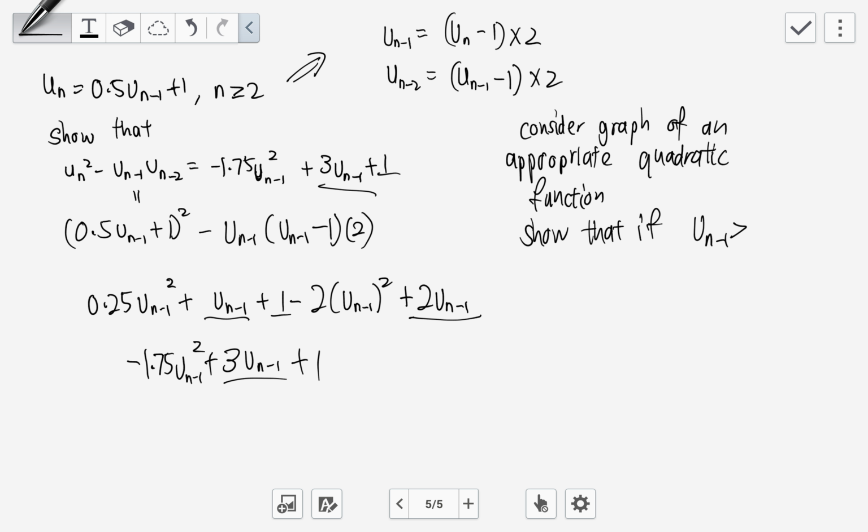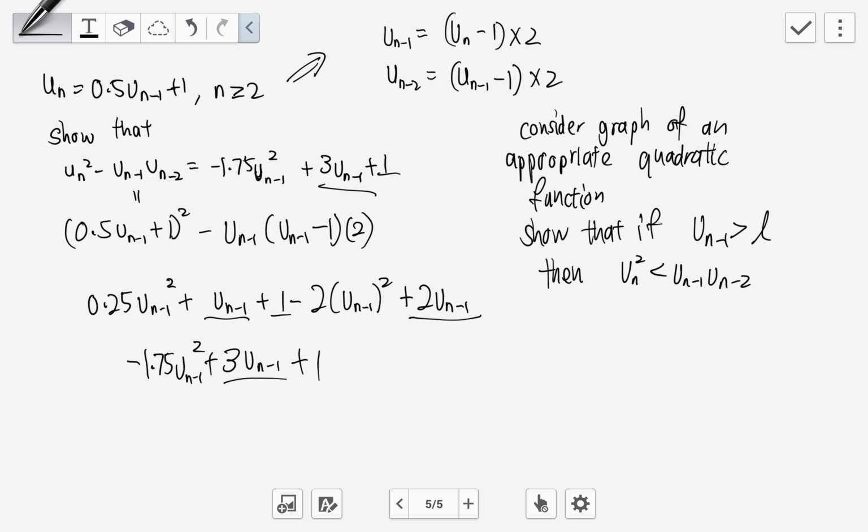Oh, okay, L is the value that they converge to. So let me find L first. Then u_n squared is smaller than u_{n-1}, minus 2.